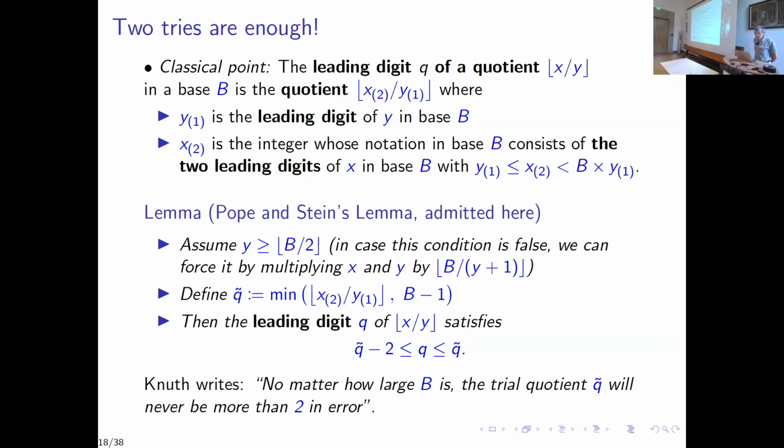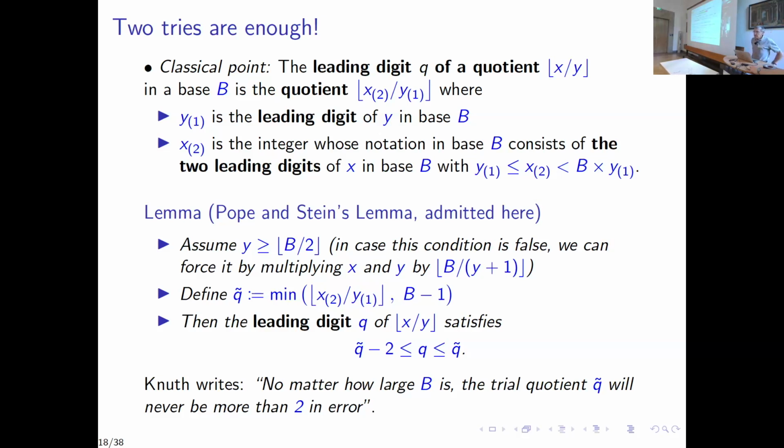And it was proved that if y is sufficiently large, which can be obtained, if not, by multiplying the divisor and the dividend by the same value, which is b divided by y1 plus 1.